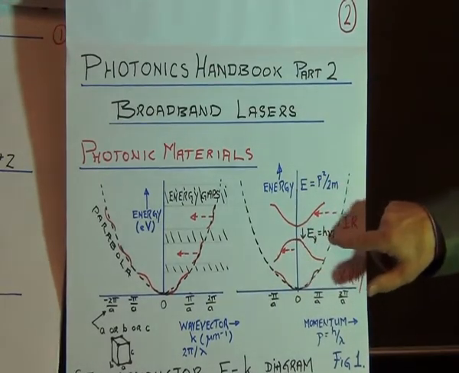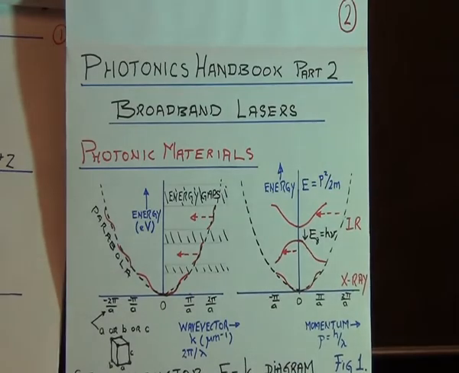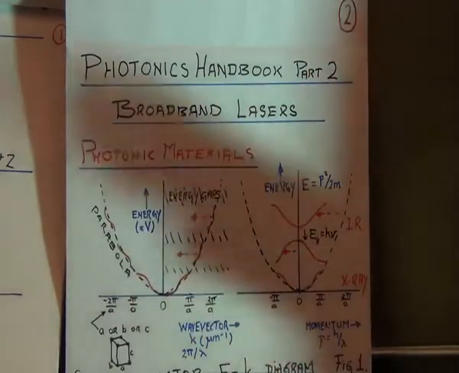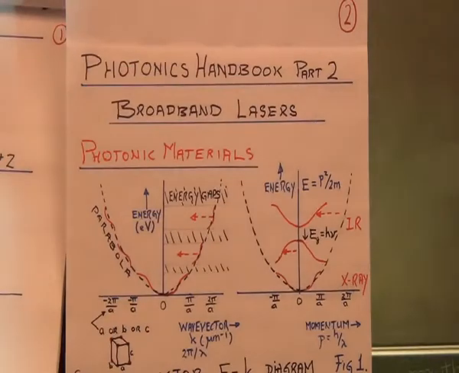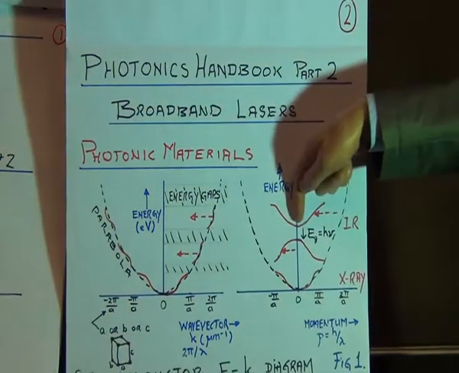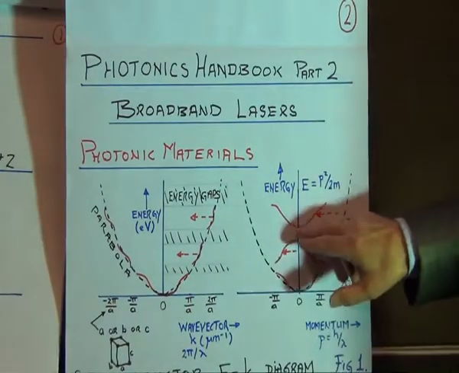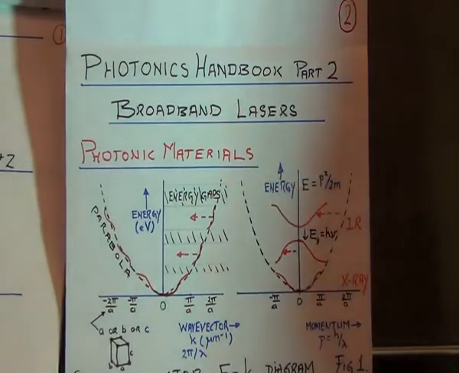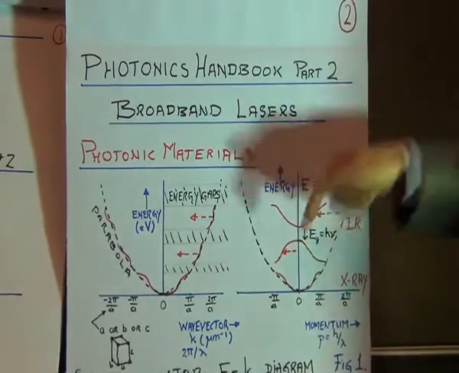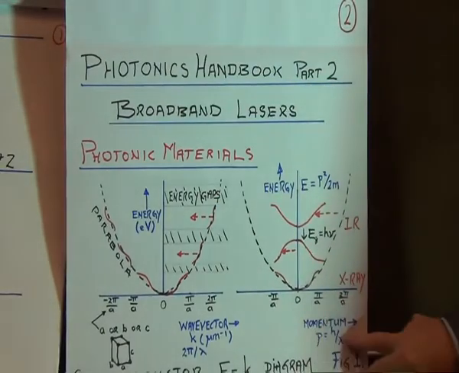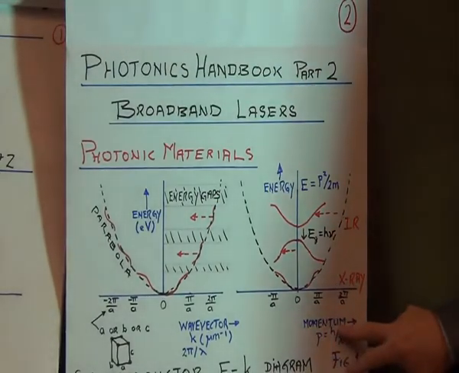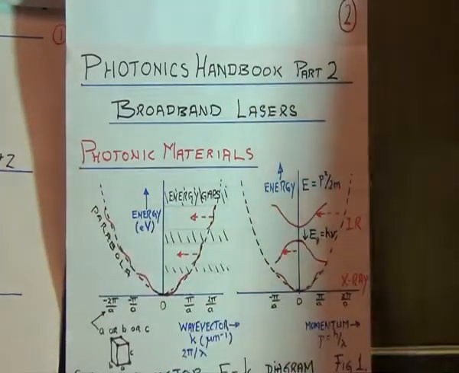The photon of light is equal to that energy gap. And that's what happens in gallium arsenide. The transition is as shown there, it's vertical, which means the photon emission conserves energy, but because it's vertical, it also conserves momentum. There's no change in P, or K if you like.